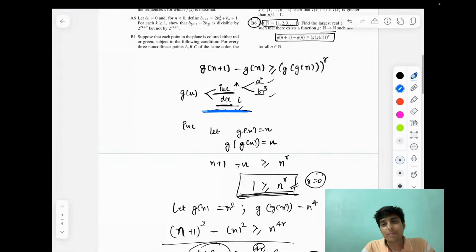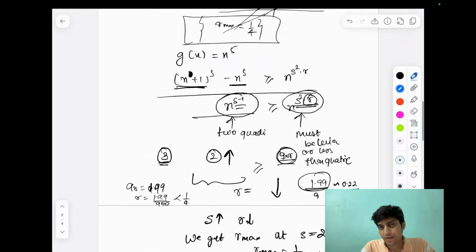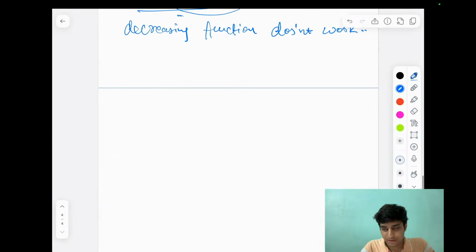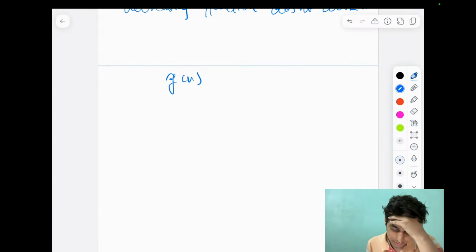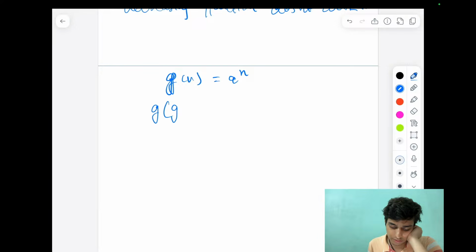But can this function possibly be a to the power n? Yes, it can go like that. So let's check. Suppose g of n is a to the power n, to be precise. What should I say about the composite function? It would be a to the power n.